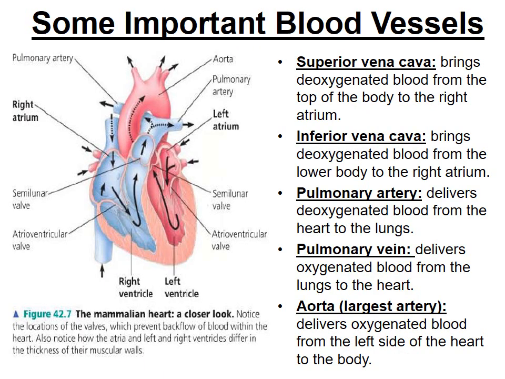So this is just a summary of some important vessels that we've seen. So we saw the superior vena cava returns deoxygenated blood from the top of the body to the right atrium. The inferior vena cava brings deoxygenated blood from the bottom of the body to the right atrium. We saw the pulmonary artery, which basically takes deoxygenated blood from the right ventricle and sends it to the left lung and the right lung to get oxygenated in the lung through that gas exchange we saw in the respiratory system.